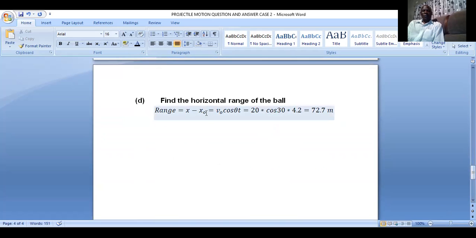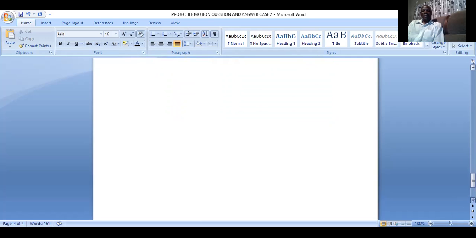So x minus x0 is equal to v initial cos theta times time, and we know the velocity, which is 20 meters per second cos 30 times 4.2, which is the time for the complete flight of the ball from the point of launch to when it hits the ground. And it gives us 72.7 meters.